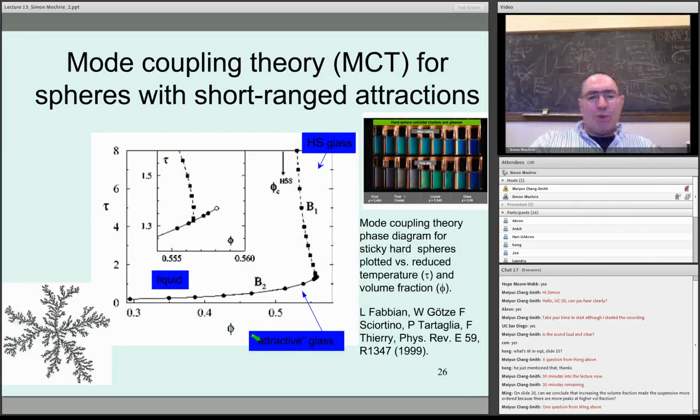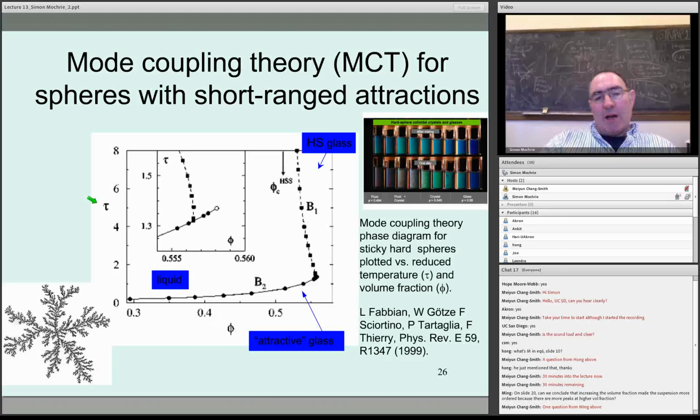What I want to do is show you this theoretically predicted phase diagram. This is the phase diagram predicted for a colloidal suspension with attractive interactions between the particles that can be tuned. So I'm looking at this phase diagram as a function of two parameters. The first one along the bottom is the volume fraction phi of the suspension.